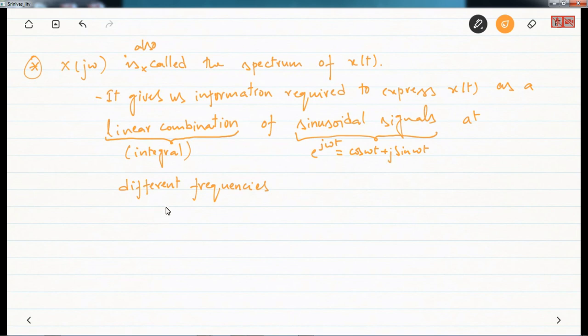But are they distinctly different frequencies? Like are they e power j k omega t where k is equal to 1, 2, 3, 4, etc.? No. These different frequencies are a continuum of frequencies.